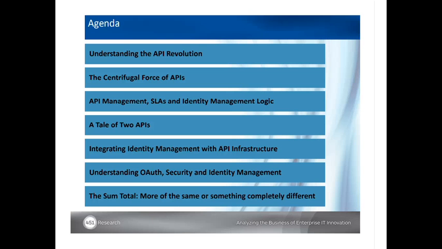So with that, let's take a look at the agenda. First, I'll discuss how APIs gain prominence in the management of enterprise applications and why we see APIs becoming more critical in how our applications are built, accessed, and secured. Then I'll discuss the overlap at a conceptual level with existing access management principles and how API management has resulted in the convergence of what were formerly two discrete markets.